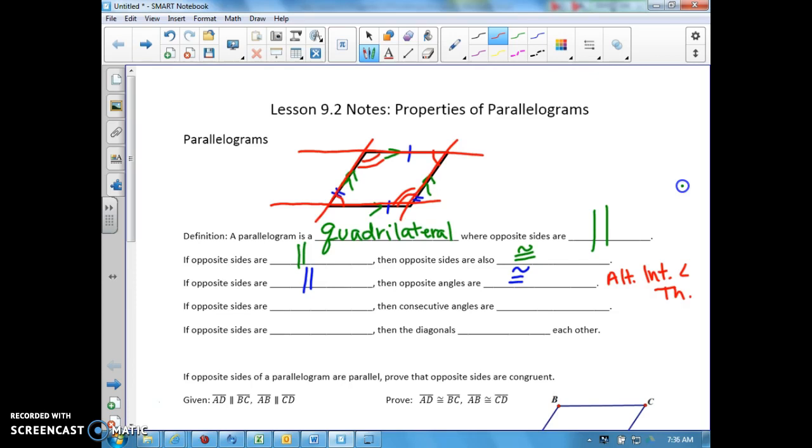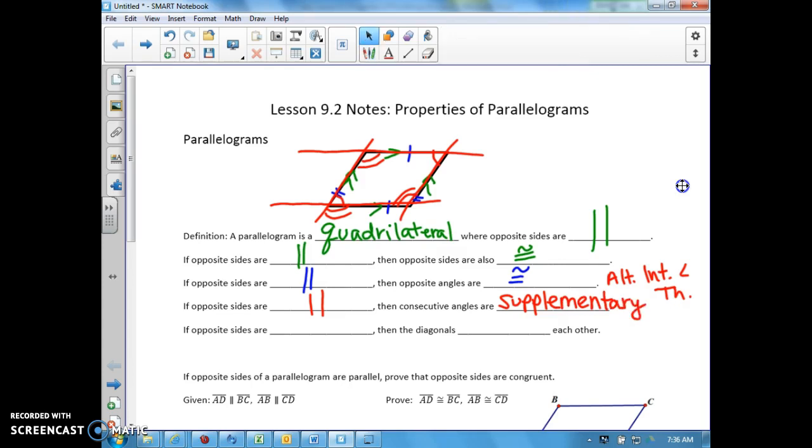So this would be congruent to this, and this would be congruent to this, thereby making them congruent through two pairs of alternate interior angles. If the opposite sides are parallel, then the consecutive angles are supplementary, which means they add to 180.